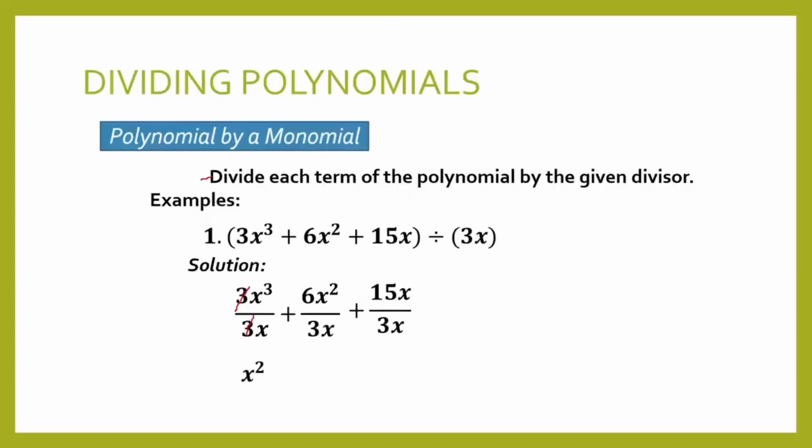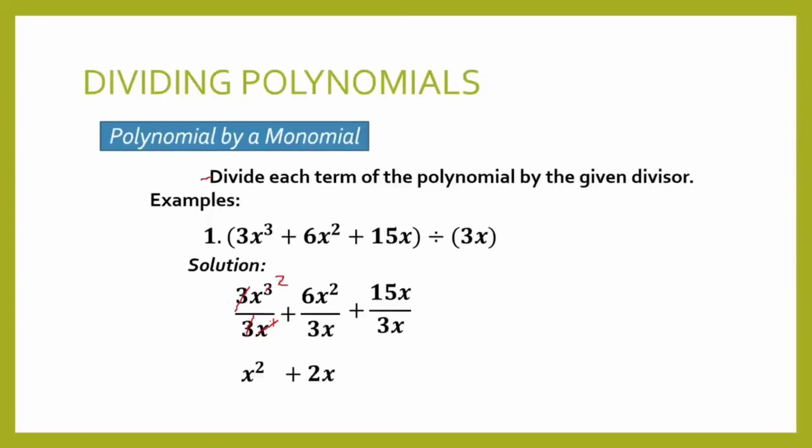As for x cubed over x, we can use the quotient of a power from the laws of exponents that we've learned last time. So when we do that, we are going to subtract the exponents 3 and 1. So this will be cancelled. We still have a remaining exponent of 2. That's why we have there x squared.